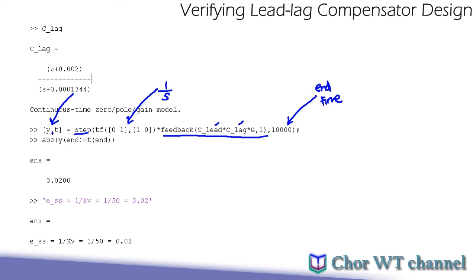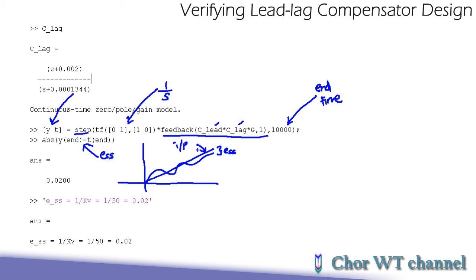The first one, Y, denotes the output signal, and T will be the time signal. The steady state error will be the difference between the output and the input. The input is basically the same as the time because we are using a unit ramp, while this part is our output.